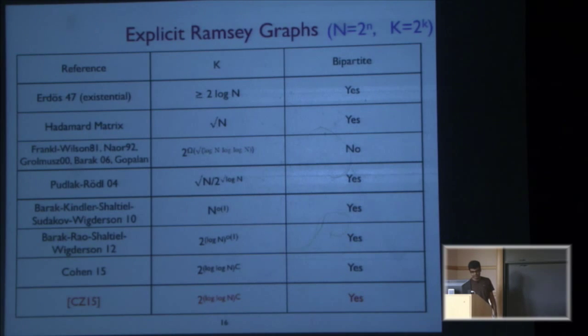And in recent independent work by Cohen, we have bipartite Ramsey graphs which achieve the bound 2 to the poly log n, and our result essentially matches the bound obtained by Cohen up to constants.